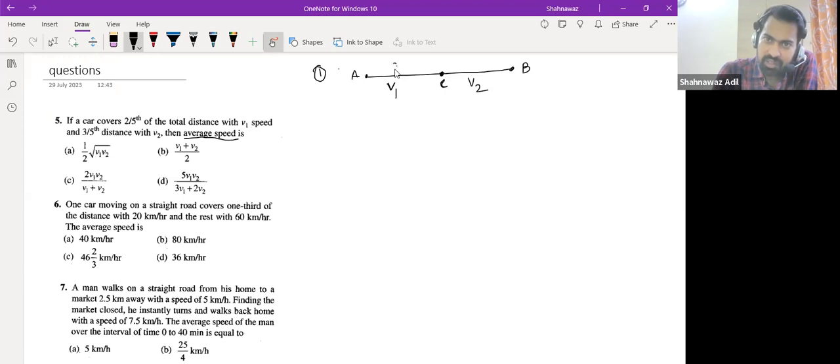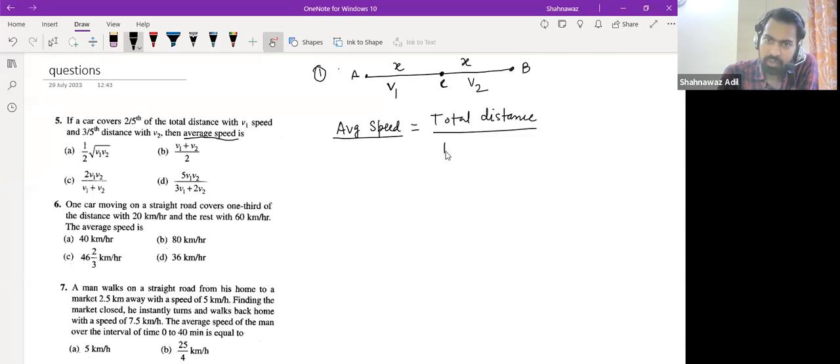So let's say that this is X and this one is also X. So what can we say about the average speed? Average speed is the total distance covered by total time taken.